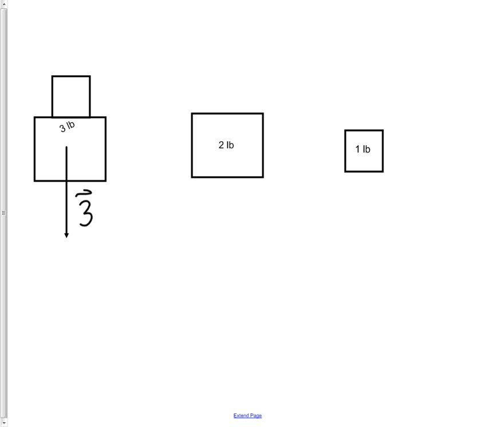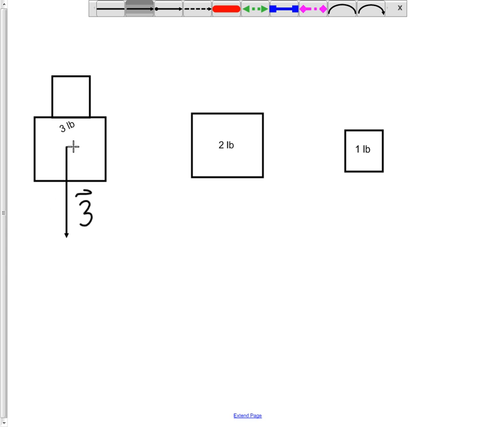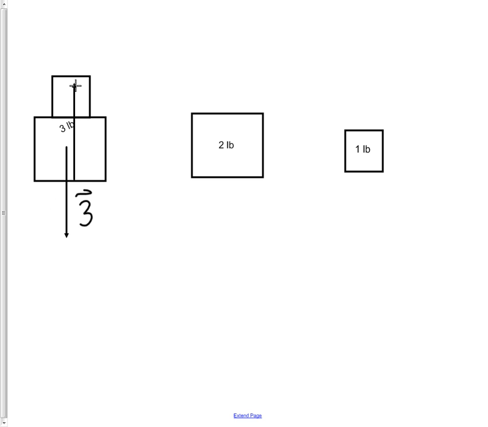Okay, and we also must have a normal force, which we need to be sure that we understand. The normal force is the force that the tabletop exerts up on the body. Okay, so I'll call that n, and that's the vector n, the force which the table exerts on the 2-pound object.